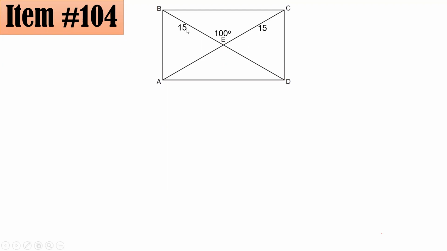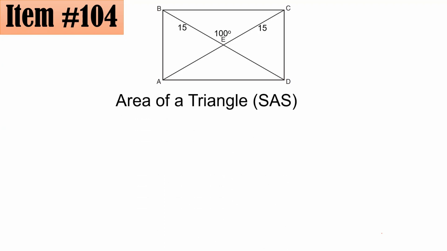Again, side, angle, side. But this time, yung sa previous item kasi, parallelogram yun eh. But if you wish to determine the area of a triangle given side, angle, side, or the SAS format, the formula is actually area of BEC equals 1/2 AB sine C, where A, B again are the 2 consecutive sides, and C is the included angle in this case.